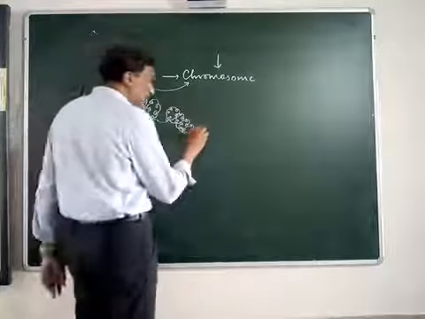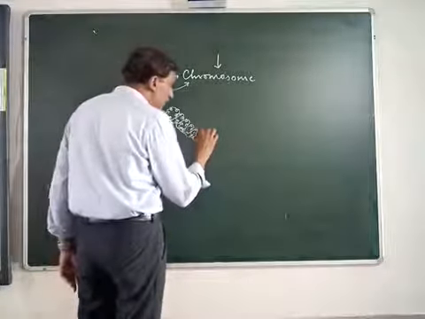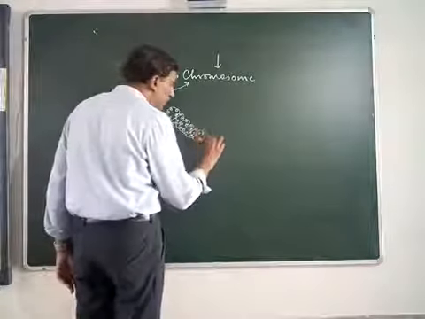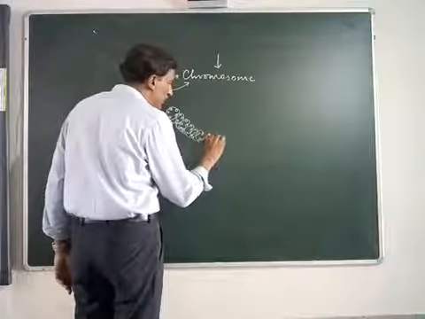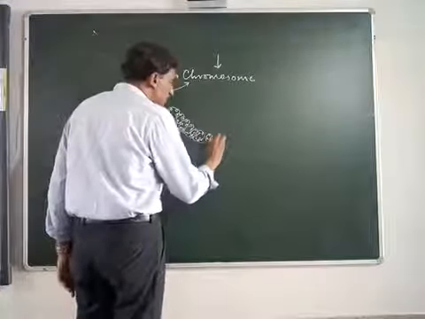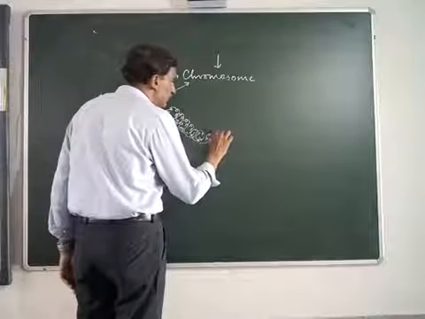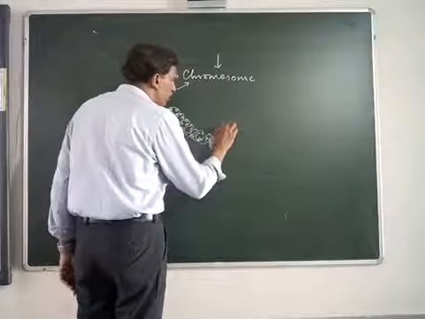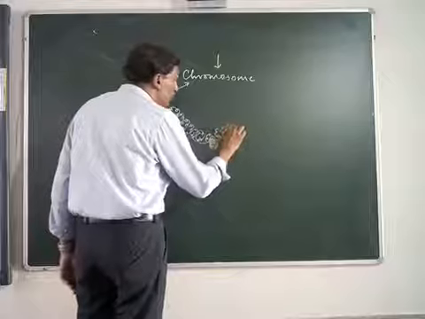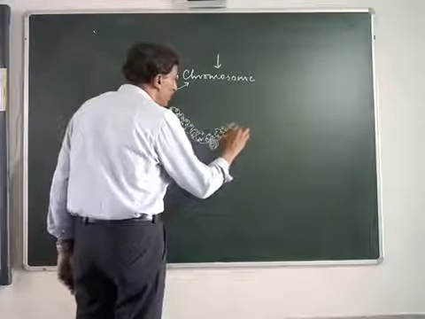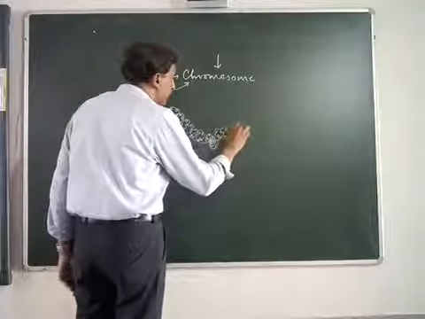Suppose this is the centromere, and similarly it will go on like this. So this will reduce the length of the DNA to a very great extent.